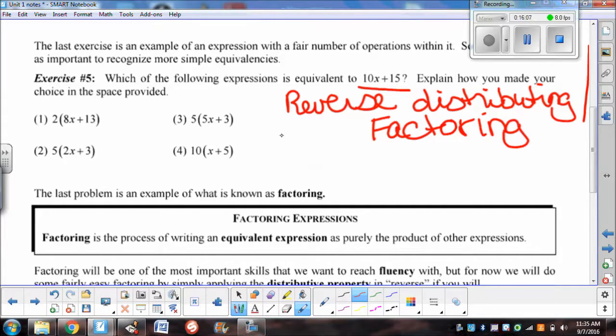I see a common 5, so I might be drawn to this one or this one, and then I might play the distributing game, and I say, okay, 5 times 2x, that's 10x. Ooh, so far so good. And then 5 times 3, 15. There's my winner right there. And if you go through and distribute any of these, it's not going to be equivalent.